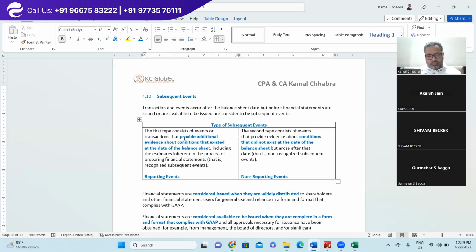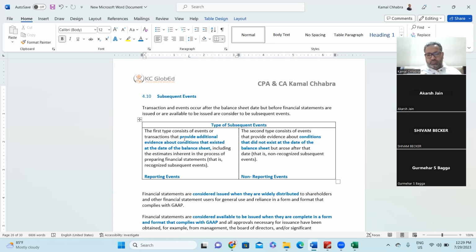Let's suppose there is some asset and stocks catch fire; that loss would be reported. Or bankruptcy of a debtor whose balance was due for a long time. And what is a non-reporting event?